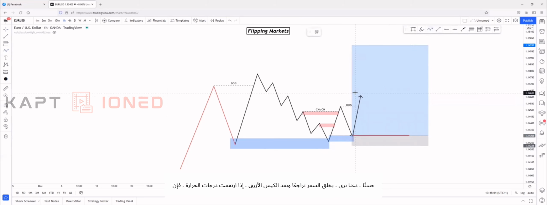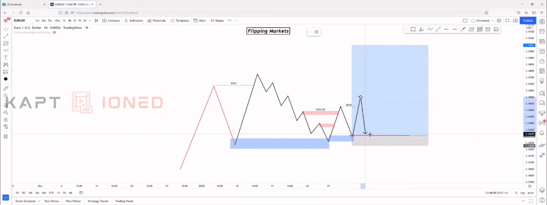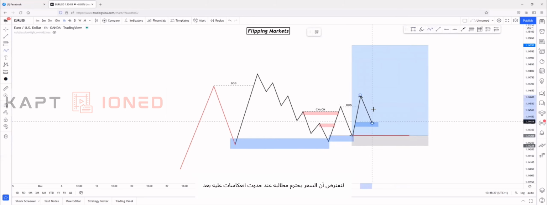Okay, let's say price creates a pullback. And after the pullback, if it hits the break-even level, we will tag out from the trade with no profit and no loss. If price respects, for example, this demand zone, because we have a demand zone right here, sorry, I will just draw a demand zone right here. Let's say price respects this demand zone and reverses on it.